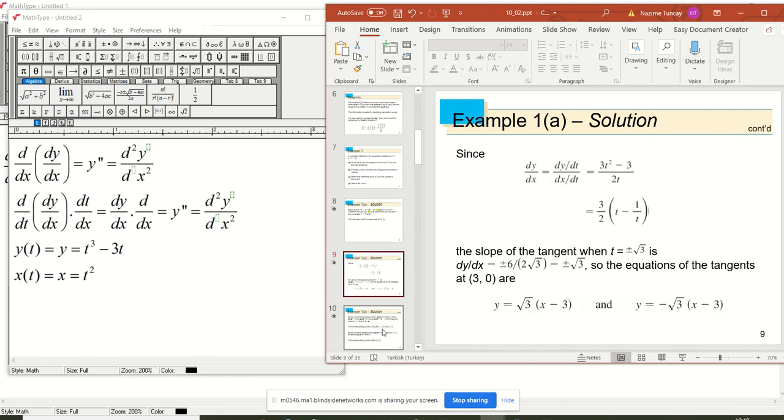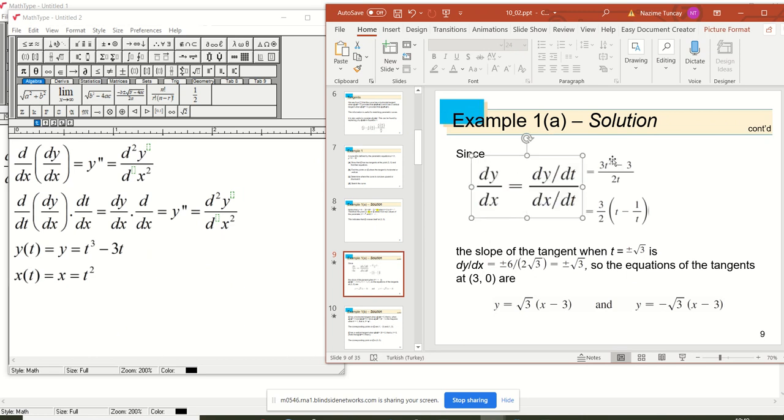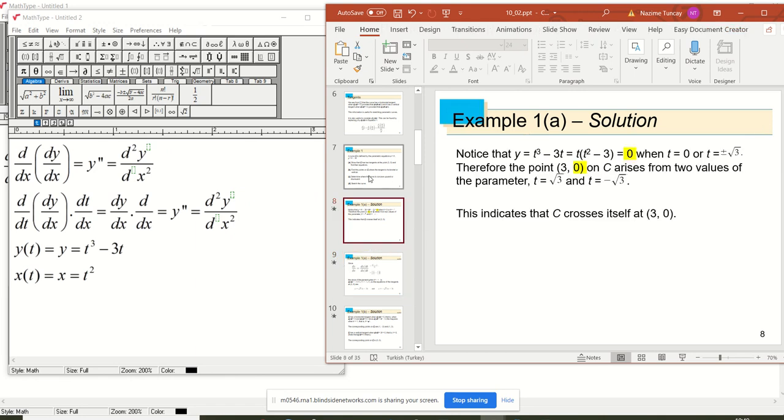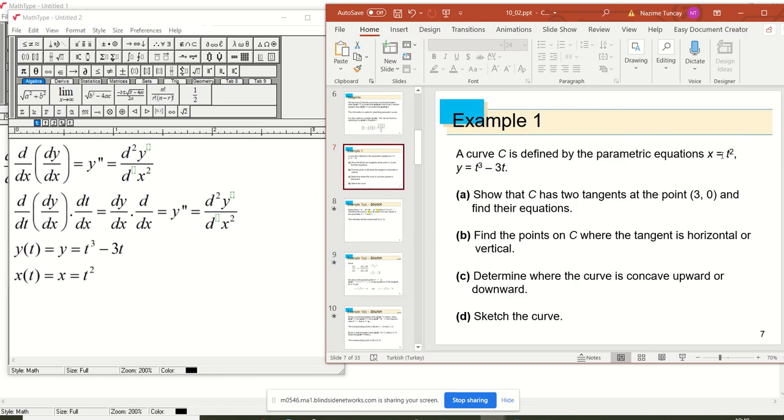Here, what else we have? In this equation, we are going to find derivative of y according to x. And you see that for doing that, we have to use this rule here that we have explained. We are going to find derivative of y according to t and derivative of x according to t. Recall that the equation gives you two functions.